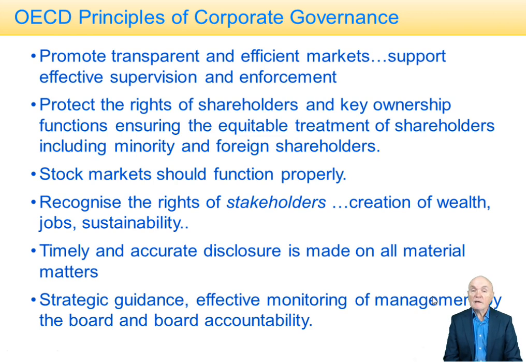What the OECD wants to see from corporate governance is shown in this slide. First of all, they want a corporate governance system to promote transparent and efficient markets. That the corporate governance should promote, support effective supervision by the directors of the company, but also supervision of the directors and enforcement if rules are not abided by.